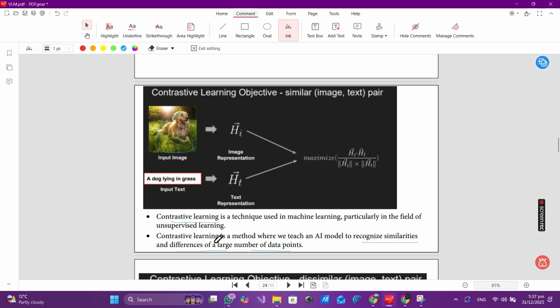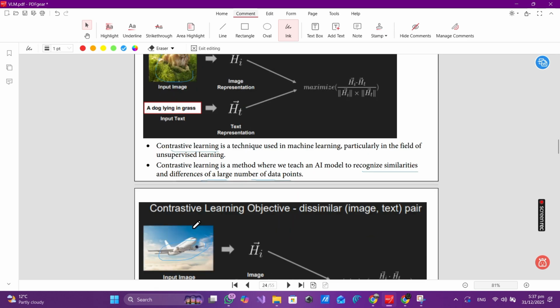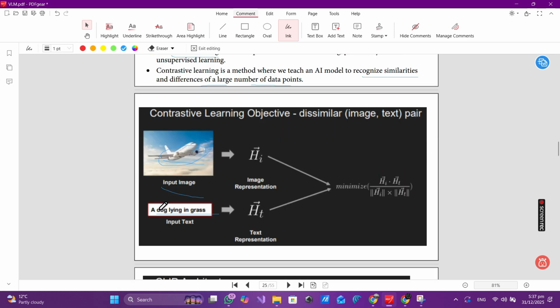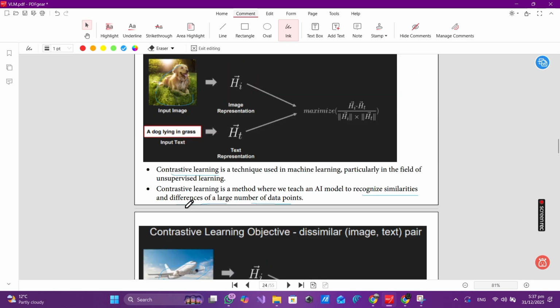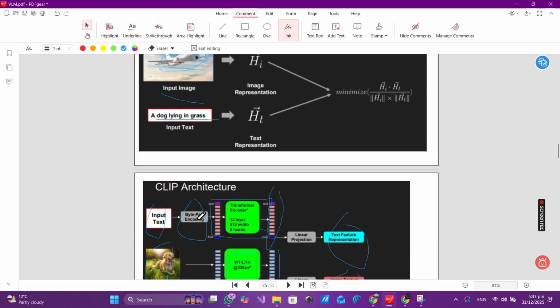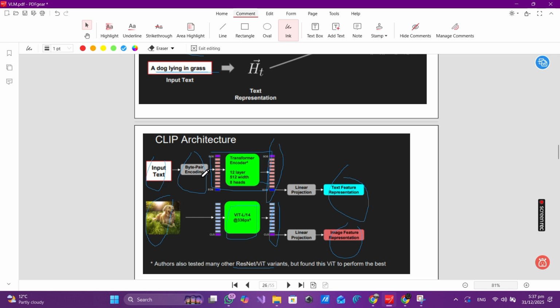So this is the input image and the dog lying in the grass. We are going to minimize the others, so it's going to learn that this would not be a dog, and here the dog lying on the grass is going to be the positive one.